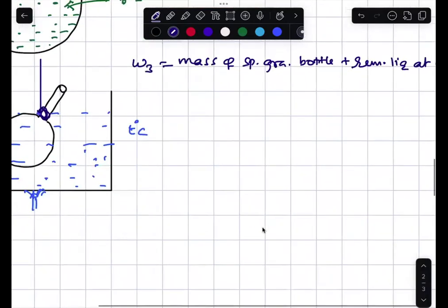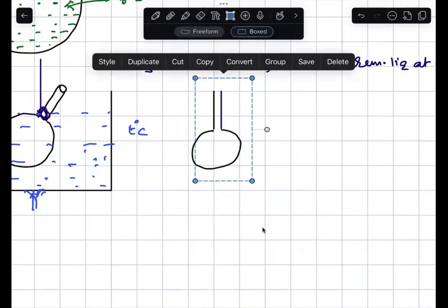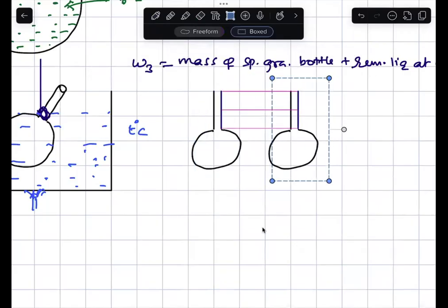Now please try to see, you will see two different pictures here.